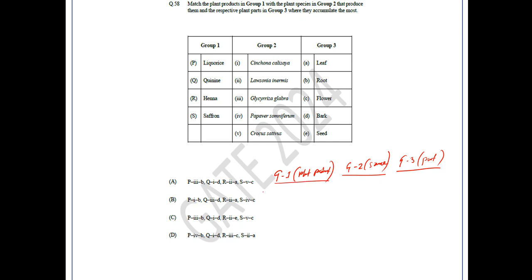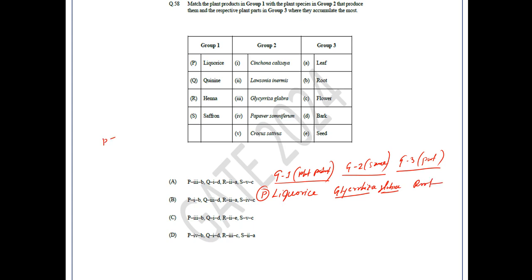So if we see one by one, licorice. Licorice is produced by Glycyrrhiza glabra, and it is actually accumulated mainly in the root.